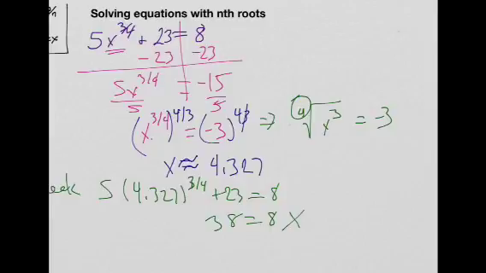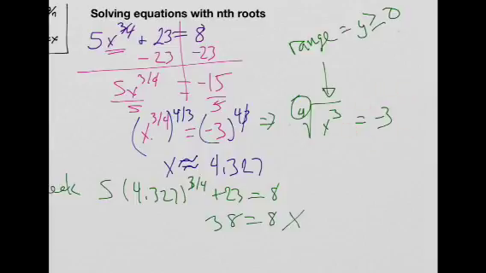Anything to the fourth power will be positive. So when we look at the fourth root, the range of this function is y is greater than or equal to 0. I cannot have a fourth root that equals a negative number.